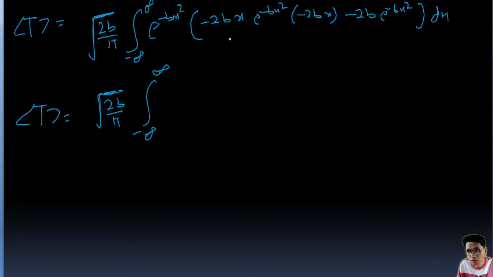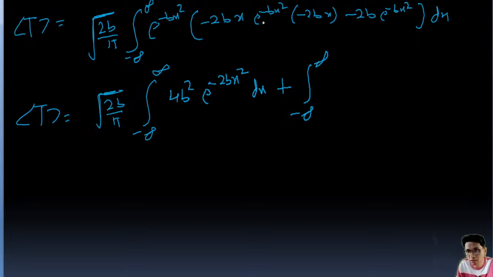It is going to be minus minus plus, 4b square e to the power minus bx square, 2bx dx. Again, this is going to be plus, minus infinity to plus infinity.